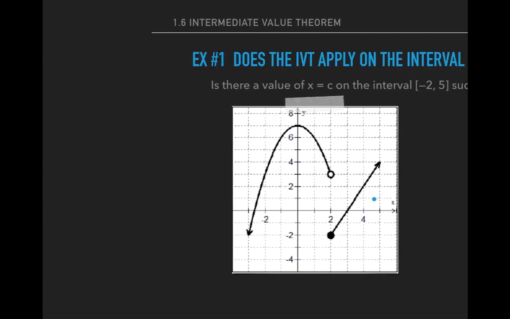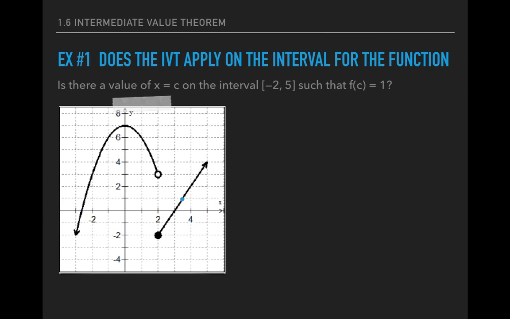So let's get started with our first example here. There's two parts to this. Let's start by asking, is there a value of x, we'll call it C, on the closed interval -2, 5, such that the function at C is 1? Well, I'm going to highlight here where the output is 1.